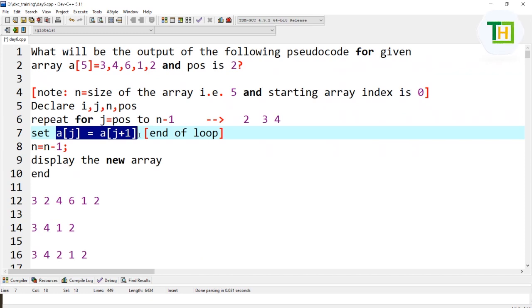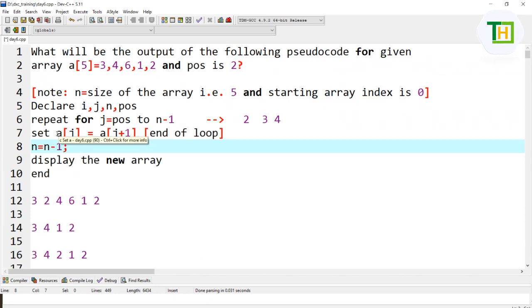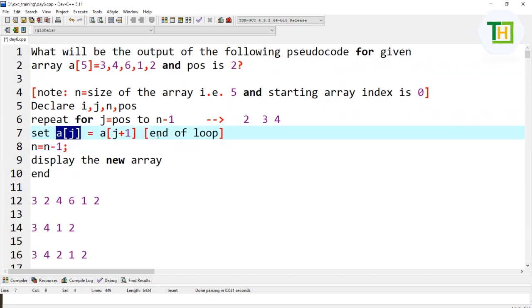E of J is equal to... What is E of J here? E of J is equal to E of J plus 1.